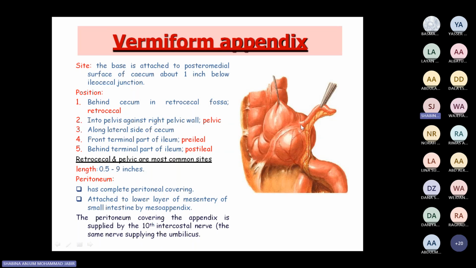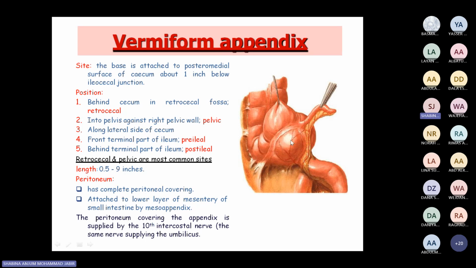And this appendix has not only one position. It has different positions. It could be retrocecal, which is one of the common positions. Then it can be into the pelvis against the right pelvic wall. As we told, it is posteromedial, so it can be over the lateral side.